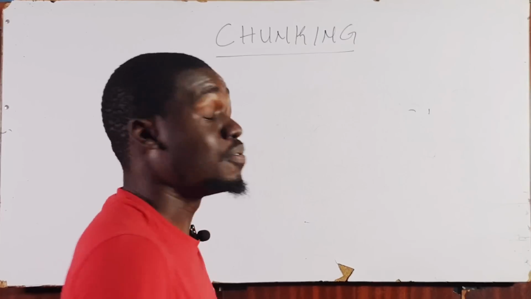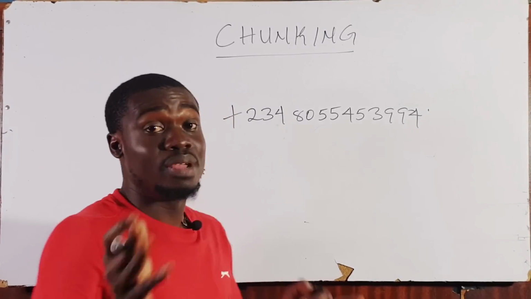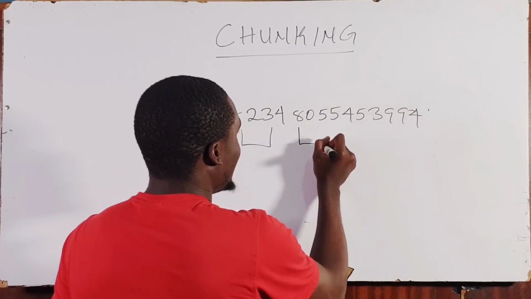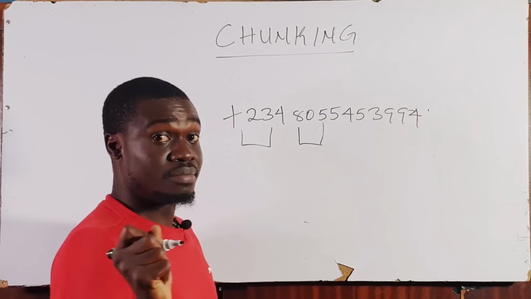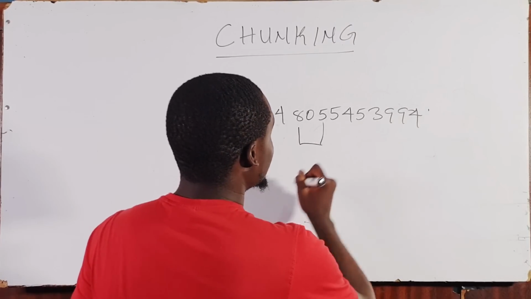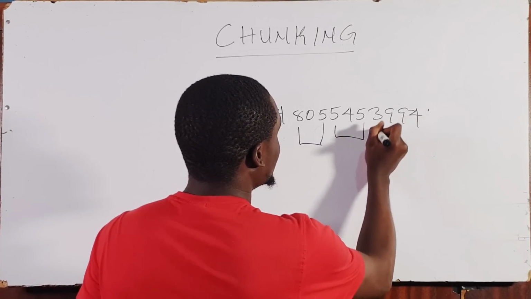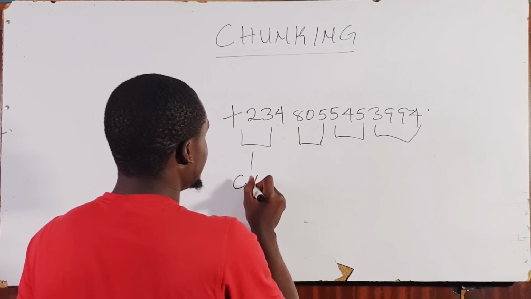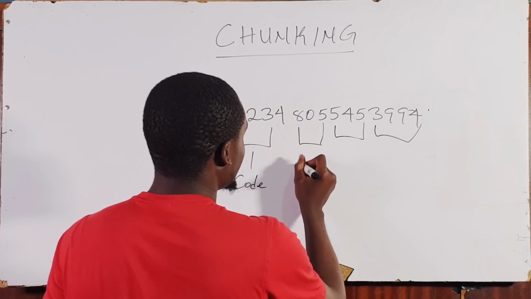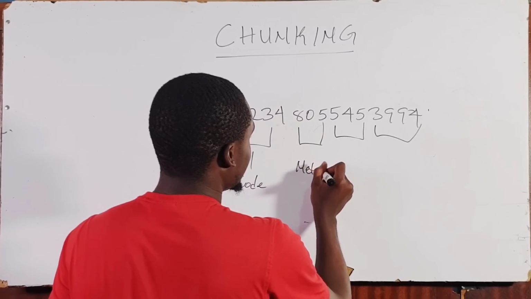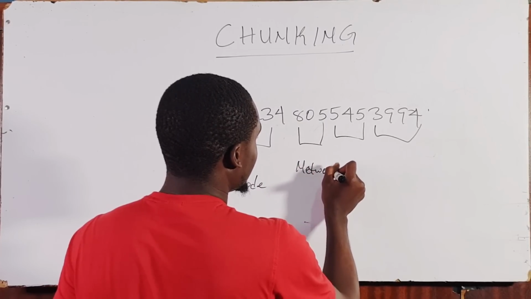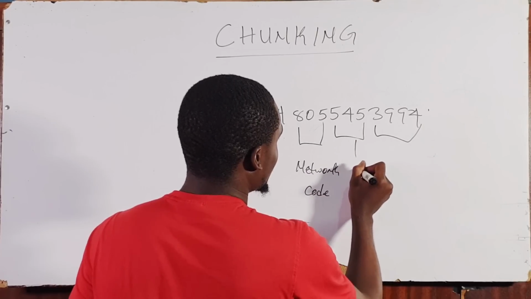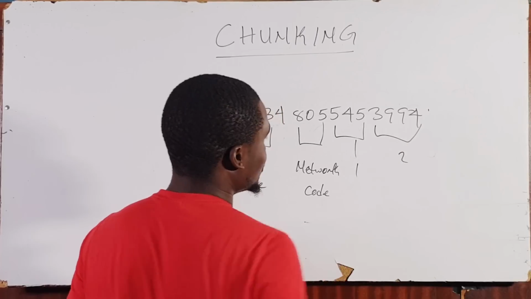Now, take this phone number for example. This might be the strategy you applied. So we have the code number, we have the network provider's number, and you have this chunk and you have this chunk. You know this is the code number, and you know this is the network provider code, and this is one chunk and this is another chunk.